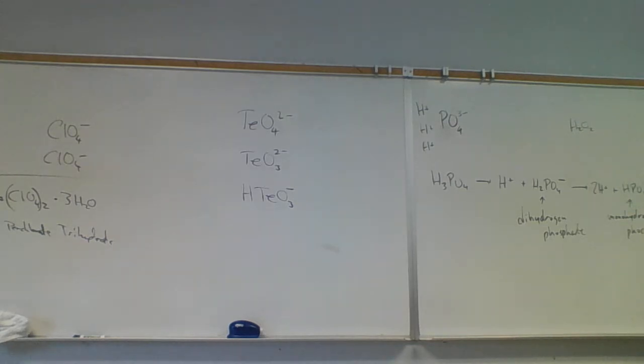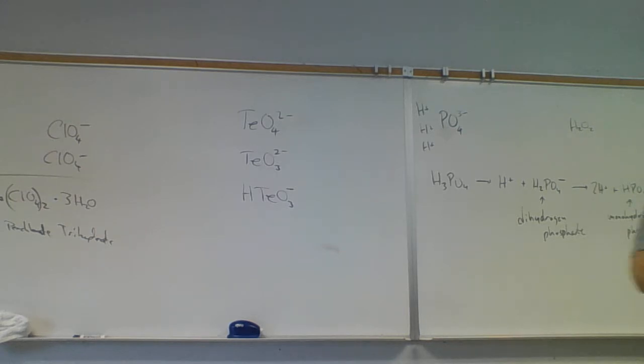Barium nitrite. Barium is Ba2 plus. Nitrite. Well, what's nitrate? Is nitrate a 3 oxygen or 4 oxygen? 3 oxygen, and the charge on nitrate? Minus 1. And therefore nitrite would be NO2 minus.